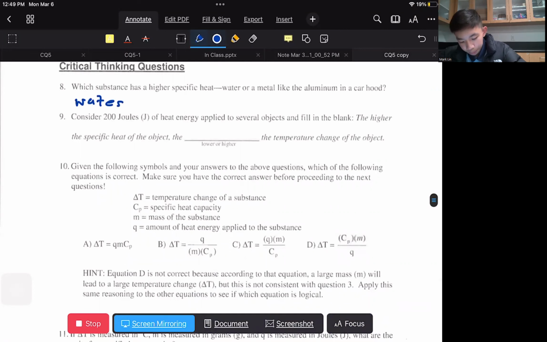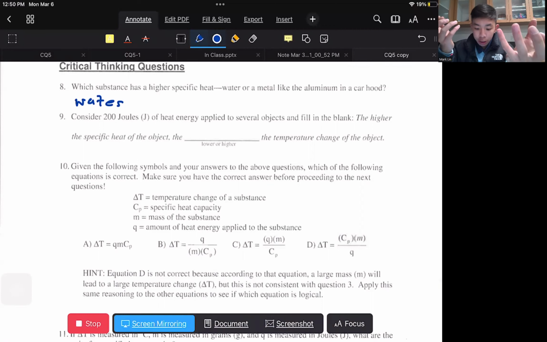Instead of 200 joules of heat energy applied to several objects, fill in the blank. The higher the specific heat of an object, the blank the temperature change of the object. So there's going to be two objects, right? The higher the specific heat for one object, let's say water, because water has a higher specific heat than the metal of a car.